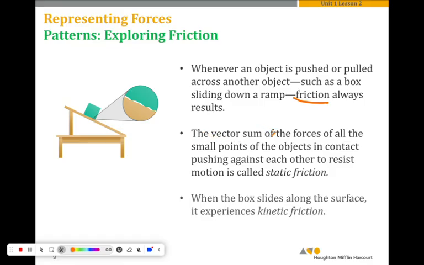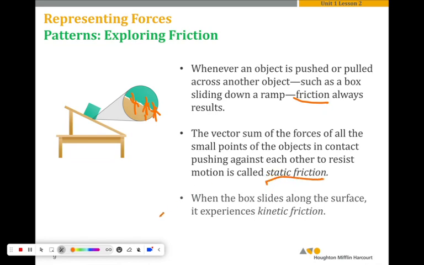And the vector sum of the forces of all of these small points of contact pushing against each other, it's all adding up to the total force the object is experiencing to resist the motion.